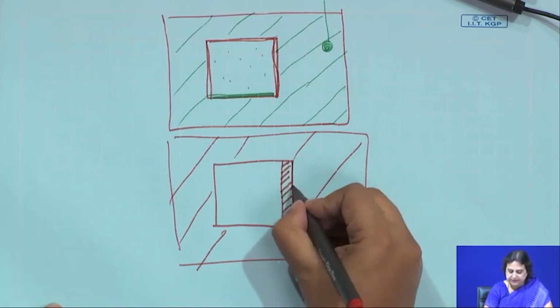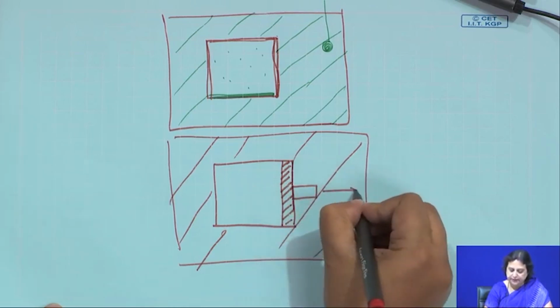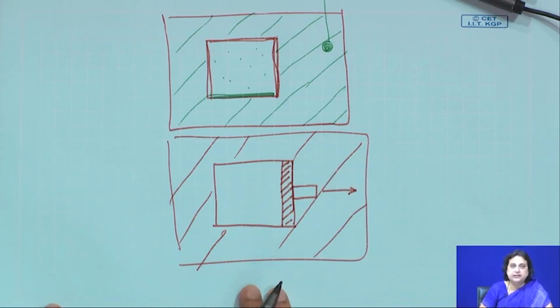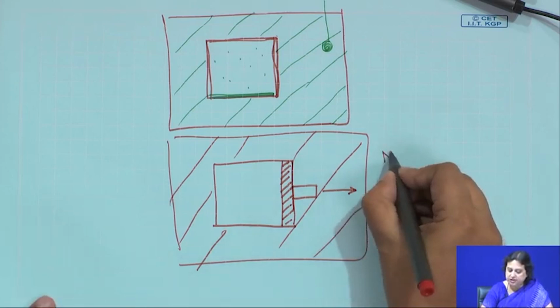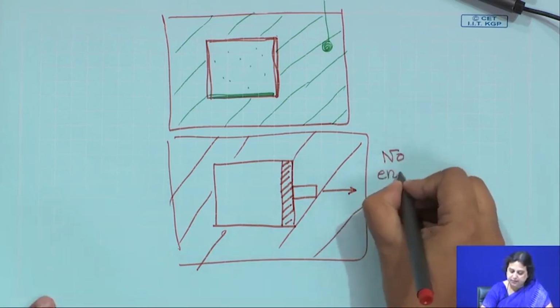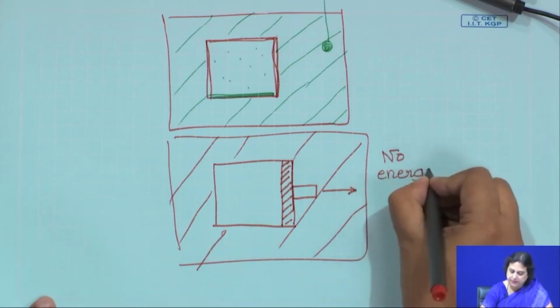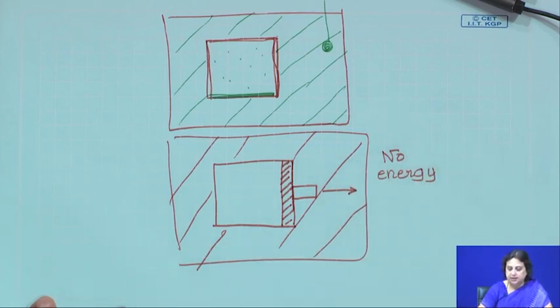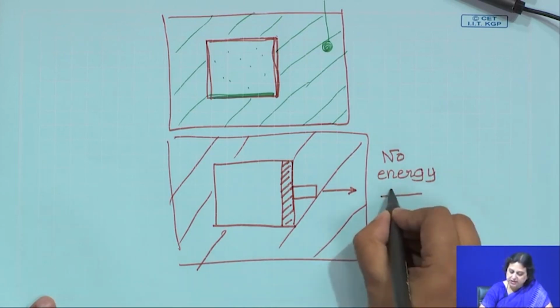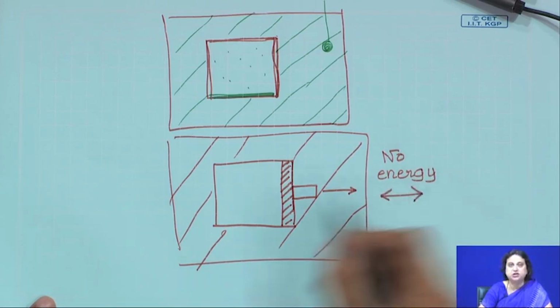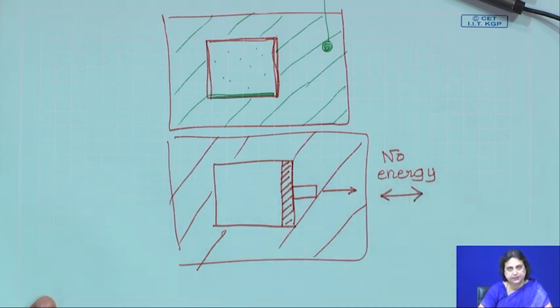Therefore, this piston can be moved horizontally, and while moving this piston, there is no energy used. So, it is a massless, frictionless piston.